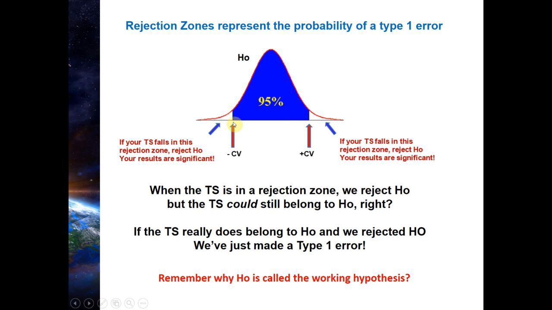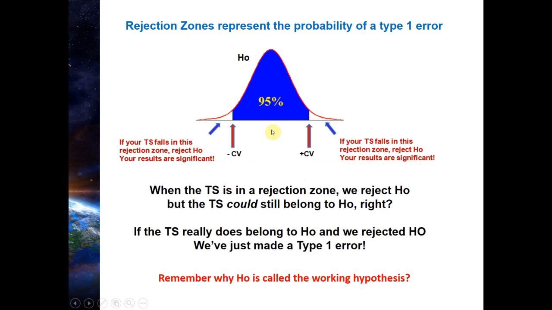And once you figure them out, they are called critical values. So any TS that falls in a rejection zone is going to be significant. That's what we say. It is significant. And we reject HO. Any TS, same thing on this side. If your TS is bigger than the critical value, then we say the results are significant and we reject HO.